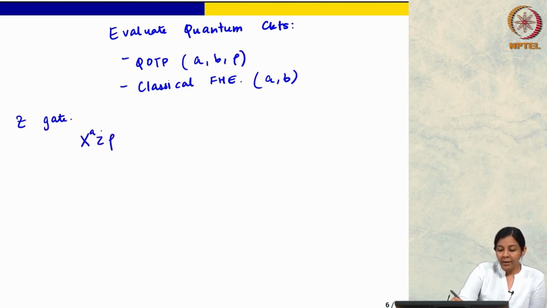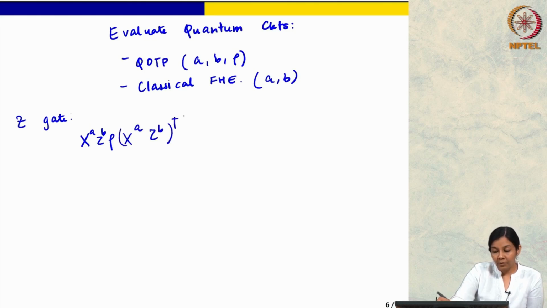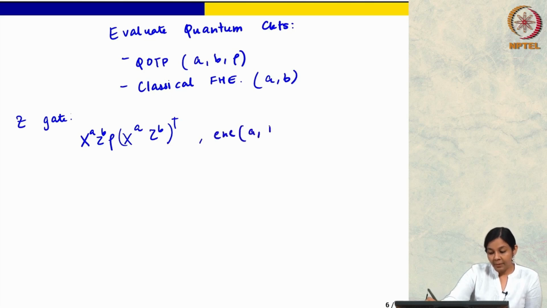I have X^a Z^b rho and then (X^a Z^b) conjugate, and I have an encryption of AB.